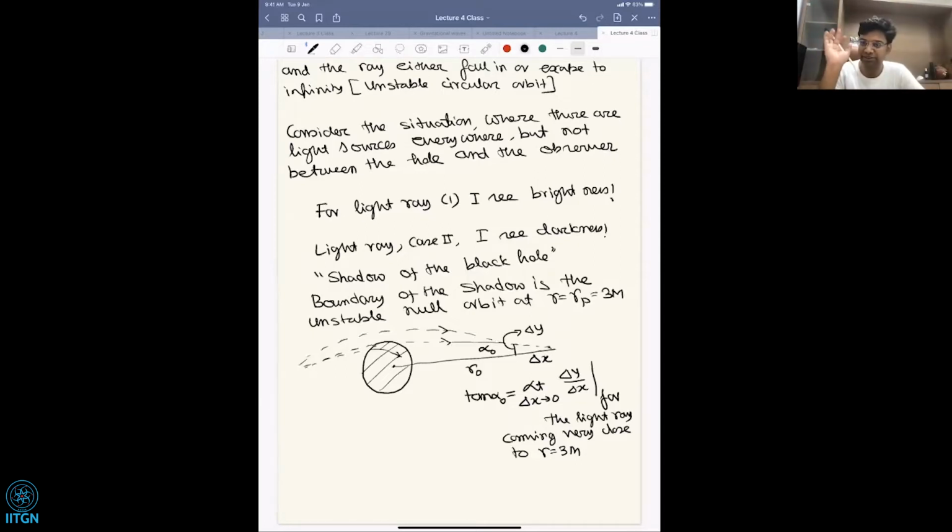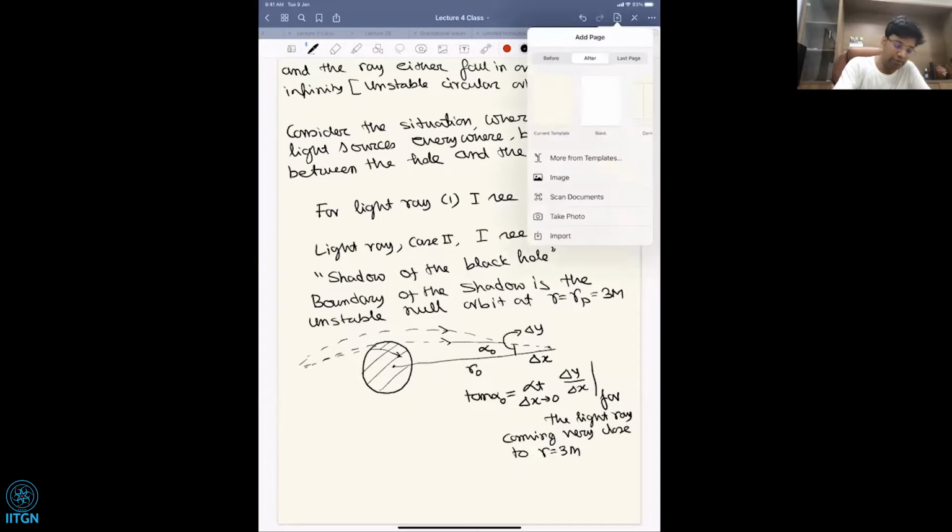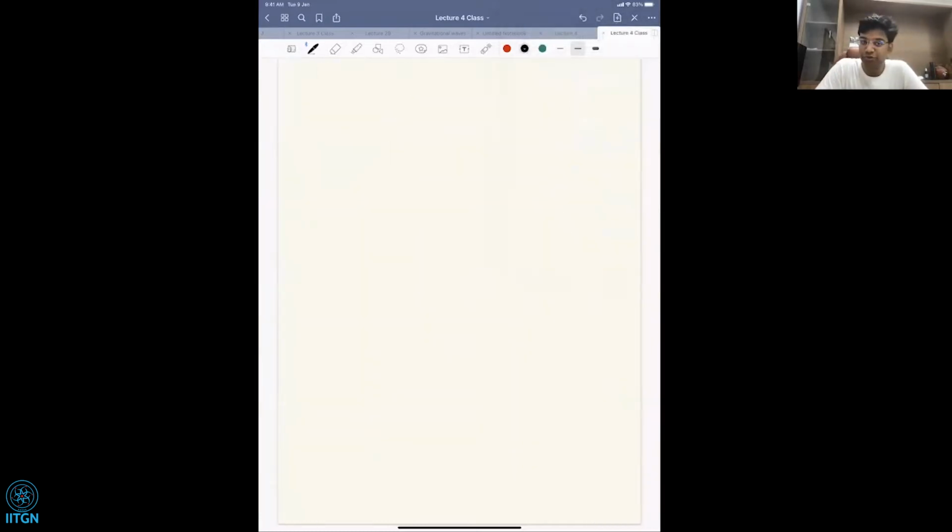So this is the interesting calculation we want to do. By the way, this calculation is due to Synge. Good. So let's start. What we'll assume is that the plane of the paper, the plane of the iPad in which I am writing, is the equatorial plane.